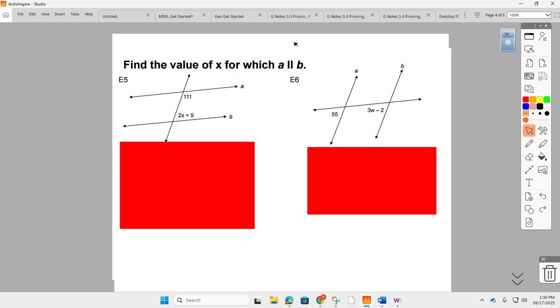How do we find what X should be in order for these two lines to be parallel? First we're going to start with the only two angles that have a measure, these two. What kind of angles are these, Sejal?